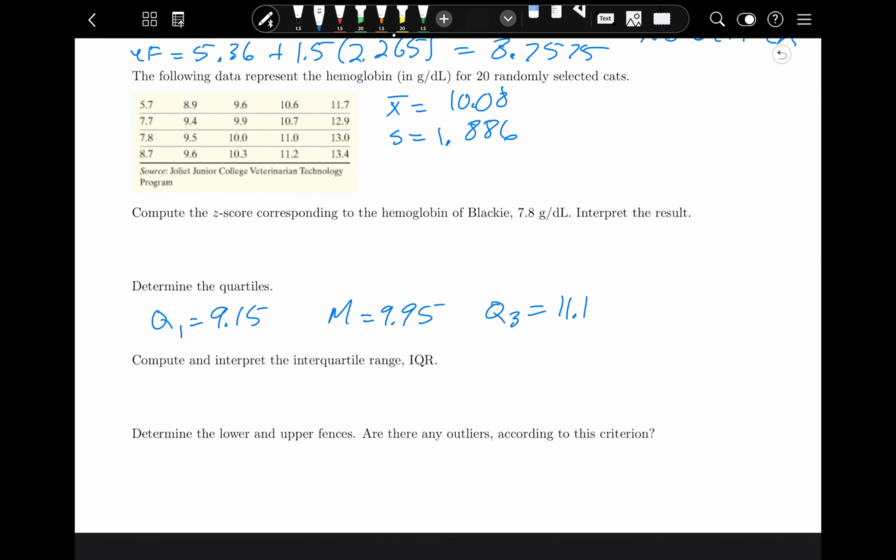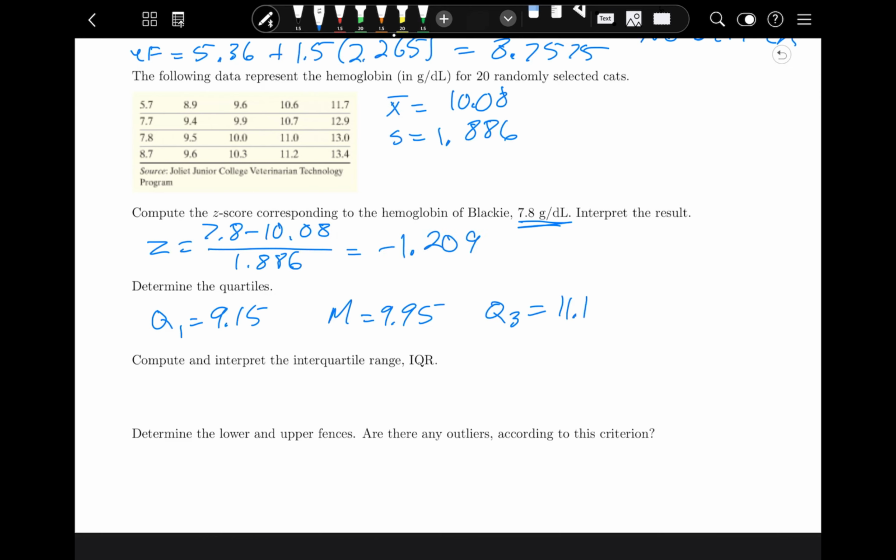So let's start with that. So to find the z-score for 7.8, we use that formula. So that's the data point minus the mean over the standard deviation. So that's negative 1.209.